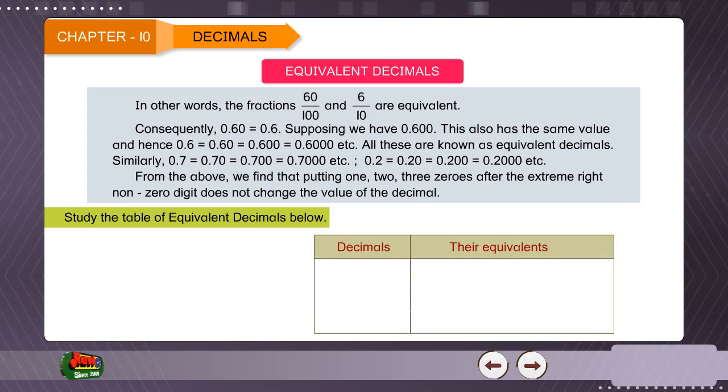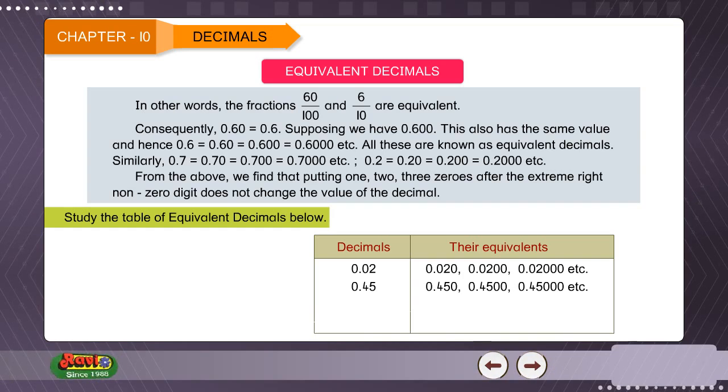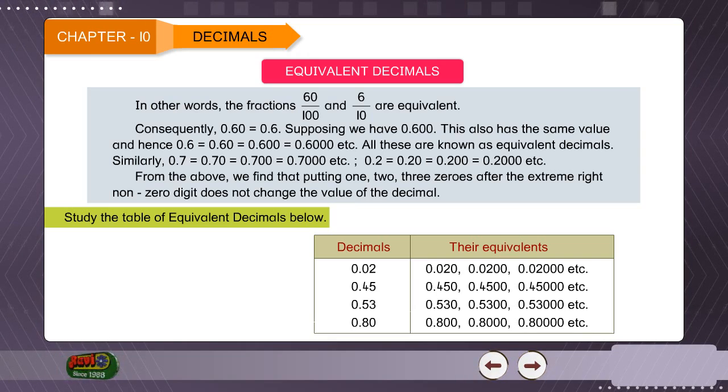Decimals and their equivalents: 0.02, 0.020, 0.0200, etc. 0.45, 0.450, 0.4500, etc. 0.53, 0.530, 0.5300, 0.53000, etc. 0.80, 0.800, 0.8000, 0.80000, etc.